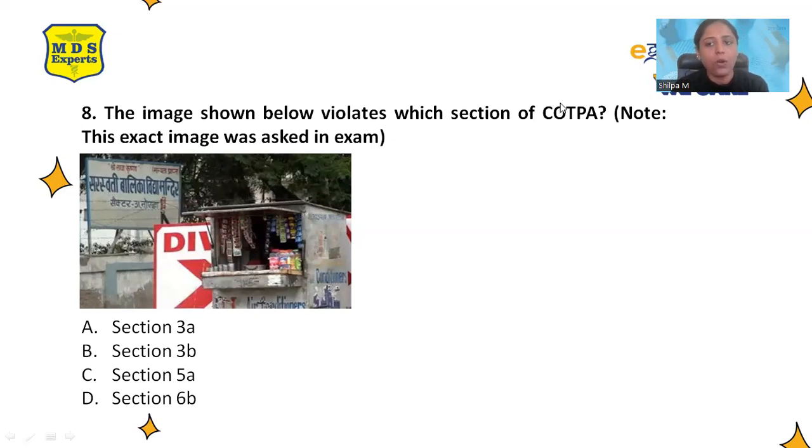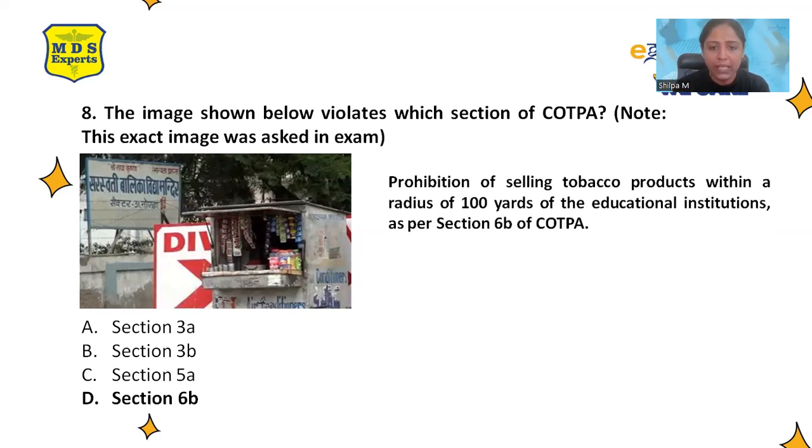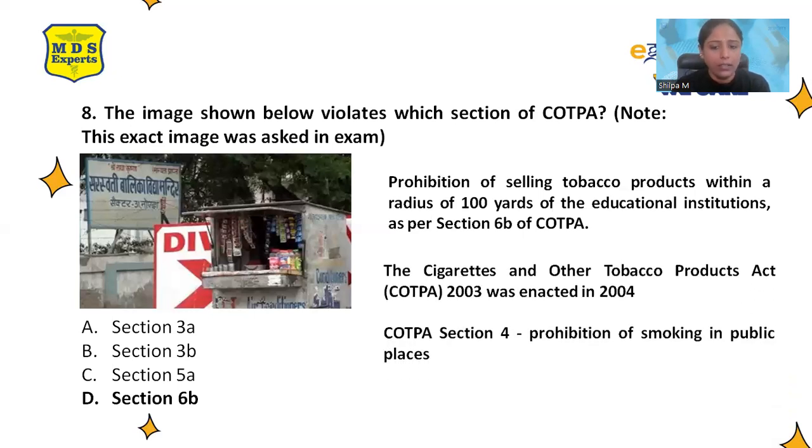So which section of COTPA has been violated? So the answer is section 6B, that is prohibition of selling tobacco products within a radius of 100 yards of the educational institutions as per section 6B of COTPA. To look into slightly further, section 4 deals with prohibition of smoking in public places.